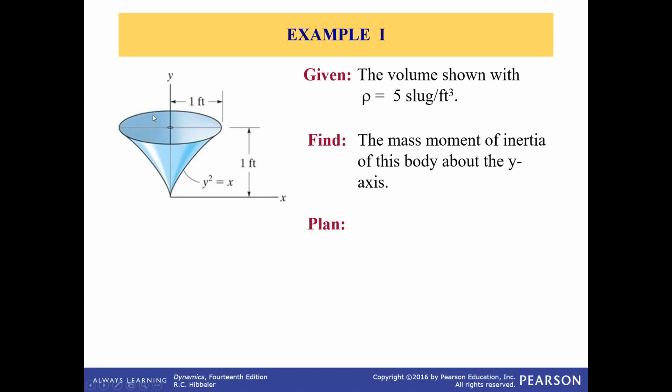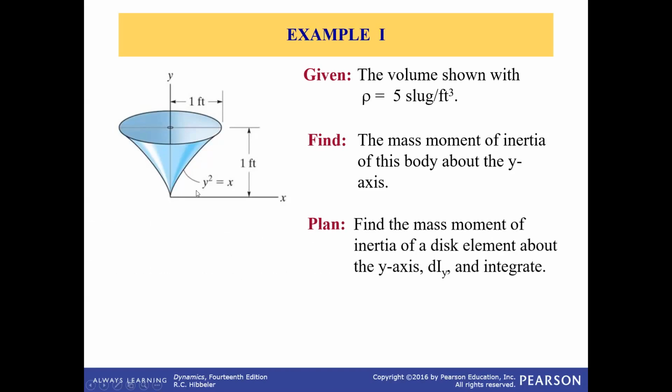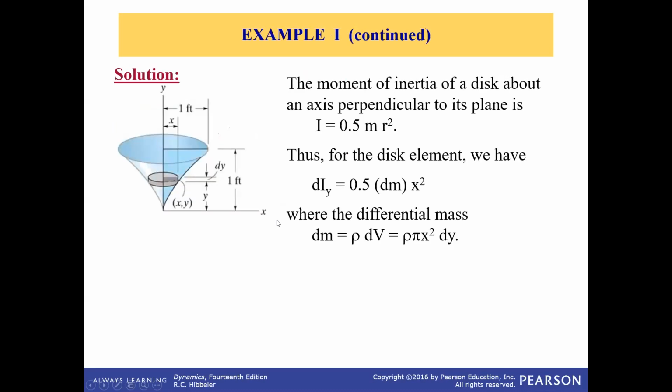This shape is symmetric around the y-axis, so you can use a disk element about the y-axis. You take a small increment in y and pick a disk here, where the thickness of the disk is dy, a differential element.